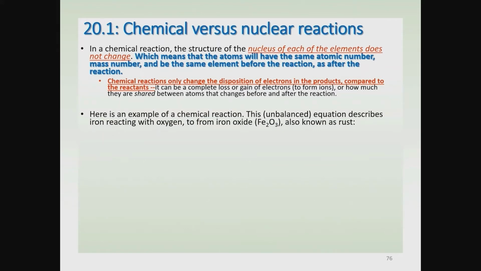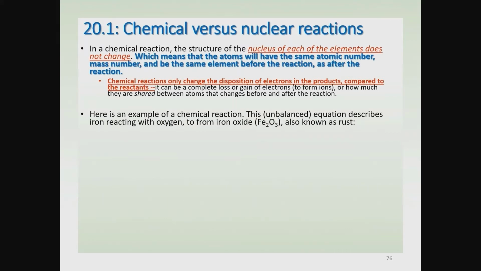So in chemical reactions there's really no change in the protons and neutrons. However, what does change is where the electrons go. In a lot of chemical reactions, which you'll learn about in the next chapter, although the atoms are combining and the nuclei are not changing, electrons will be leaving one atom and going to another.